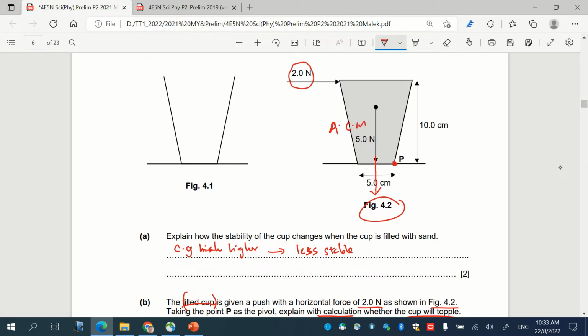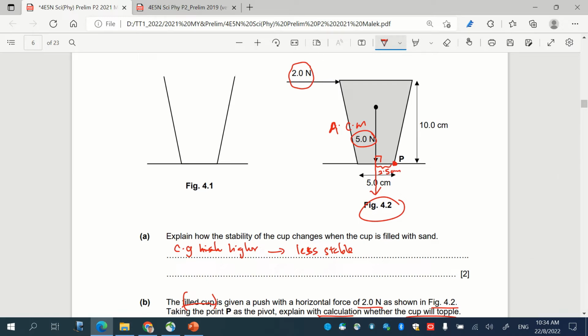This force, which we have calculated, shows the weight is 5 Newton. So this 5 Newton times the perpendicular distance, which is this amount. The perpendicular distance is 2.5 cm.